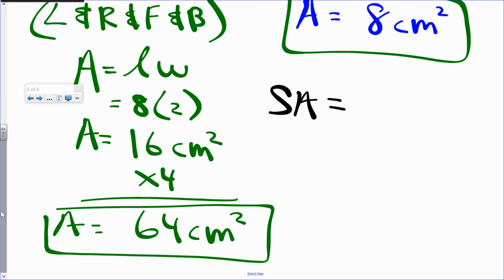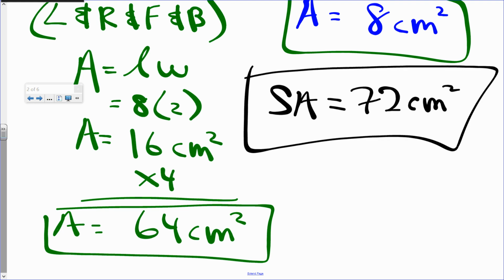Left, right, front, and back are 64. So the surface area is 8 plus 64, which is 72 square centimeters. There's our surface area. Those square centimeters will cover the whole prism like a blanket.